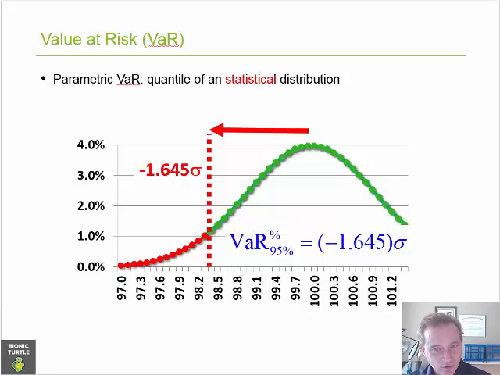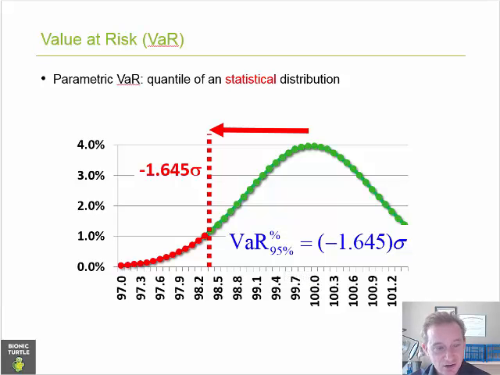Okay, so that was empirical as opposed to parametric or analytical VAR. But my only point here was just to introduce you to the concept of value at risk, which is a probabilistic statement that is based on our selection of a horizon, a time horizon that could be 1 day, could be 1 month, it could be 1 year, and then some confidence level, typically either 95 or 99%, and then we're just probabilistically saying, based on some method to arrive at a distribution, that we expect the losses to exceed the VAR, in this case, 5% of the time.